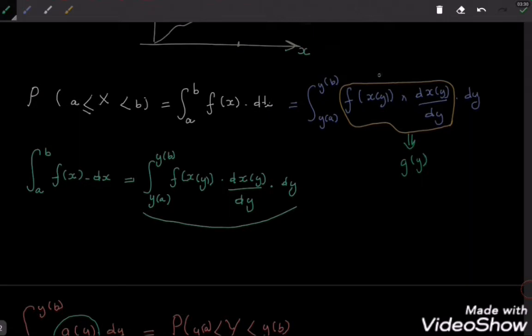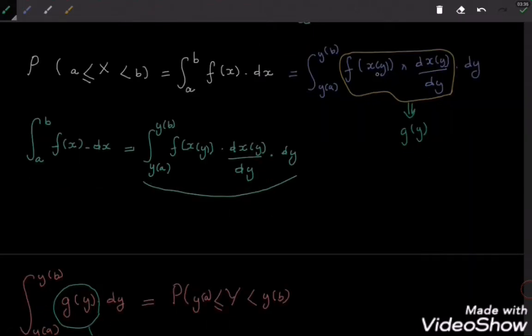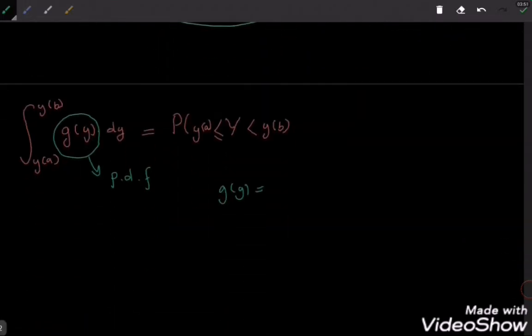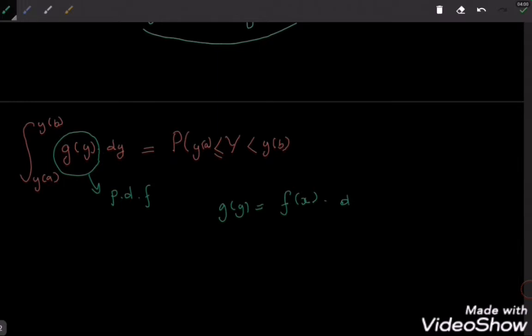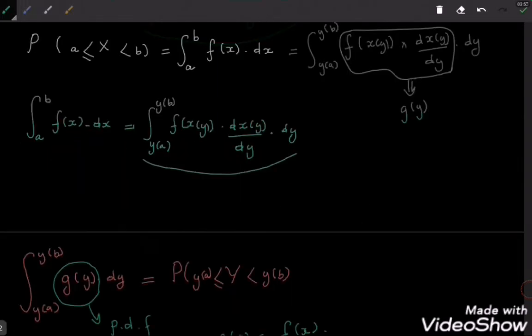So now I'm not interested anymore in writing x with respect to y. So I'm going to just express g of y in terms of f of x, d of x, and d of y. So g of y is equal to f of x multiplied by d of x divided by d of y.